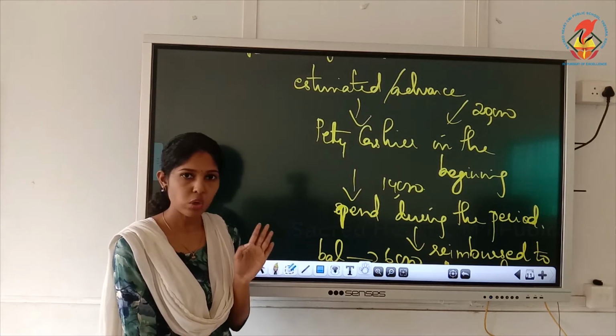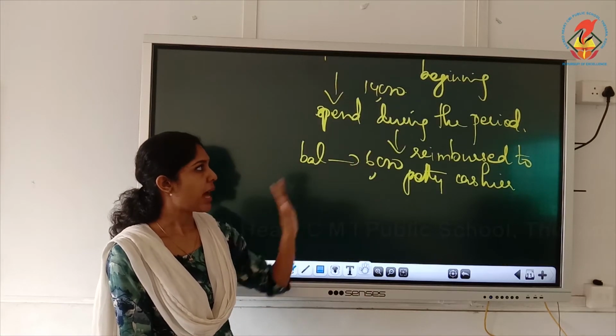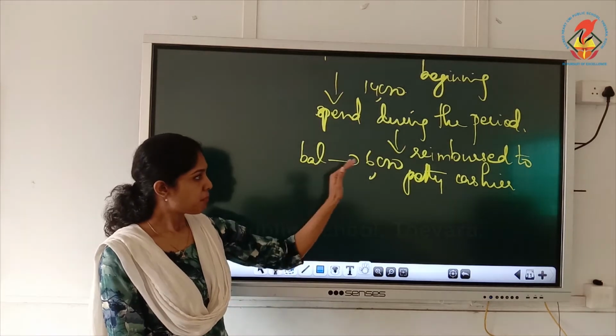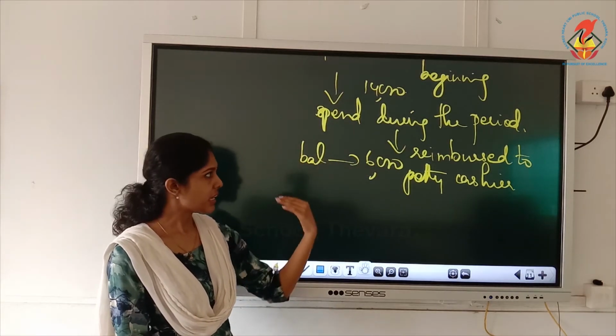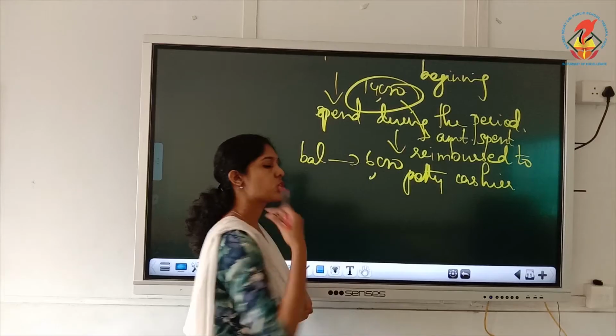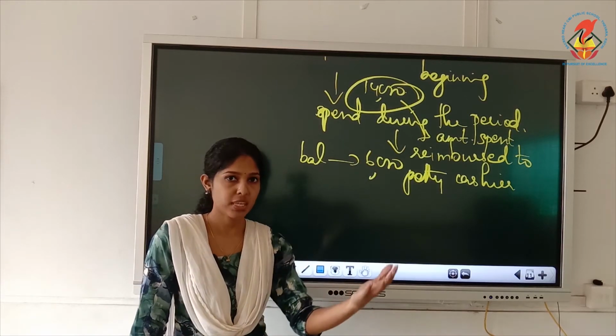So he spent only 14,000. Still the petty cashier is having a balance of 6,000. The petty cashier will be reimbursed the amount that he spent, that you have to remember. Amount spent will be reimbursed to the petty cashier. Reimbursed means will be given back to the petty cashier by the main cashier.